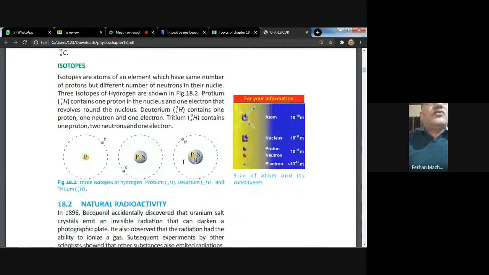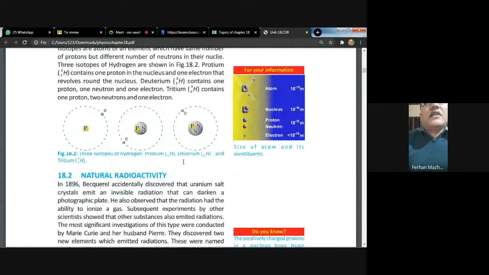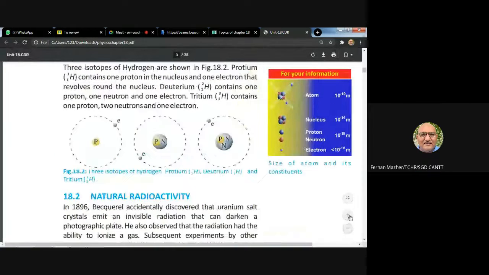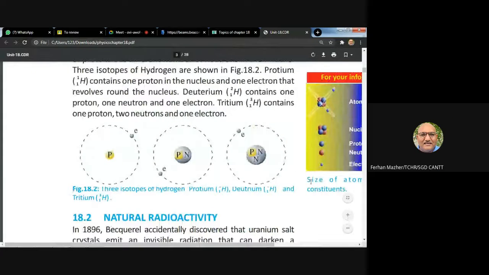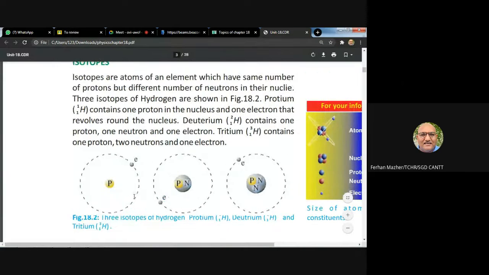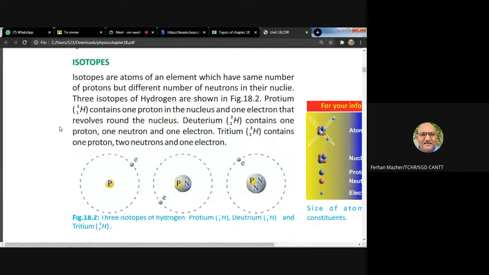Here he has shown. Can you see this blue line? I hope you can see this. This is the diagram.